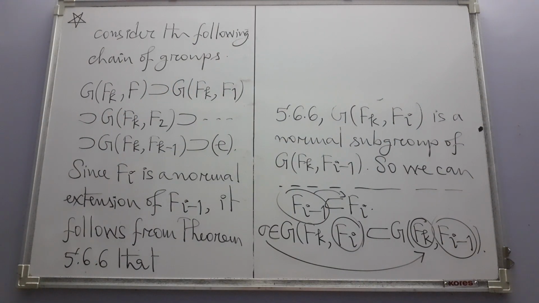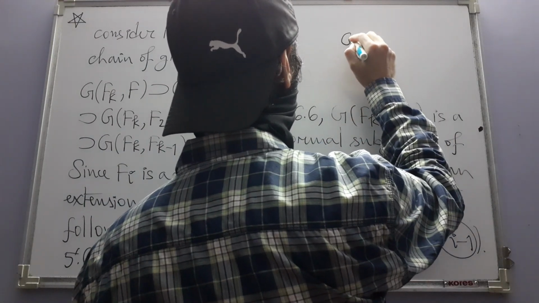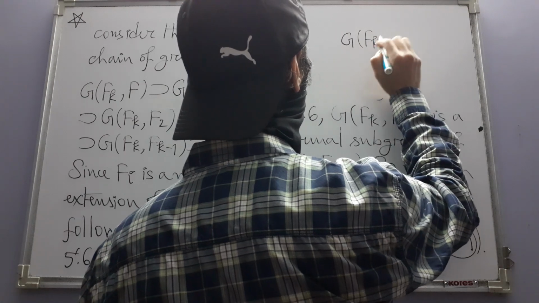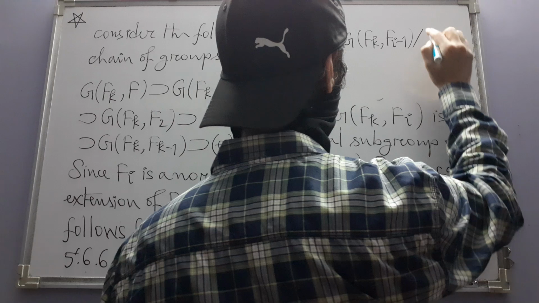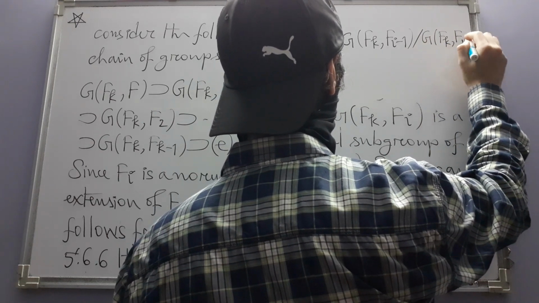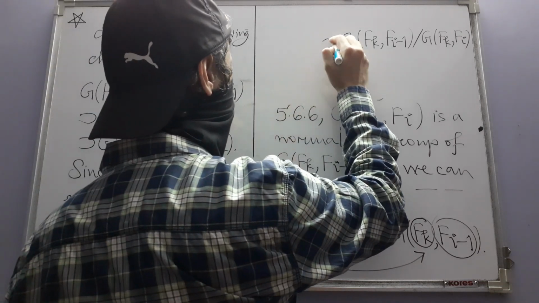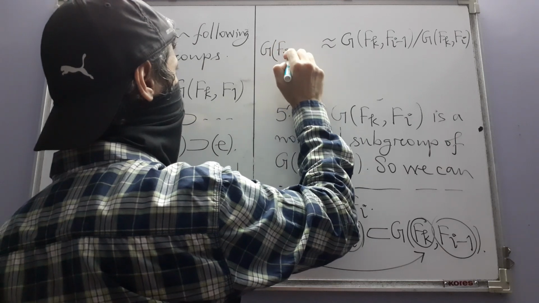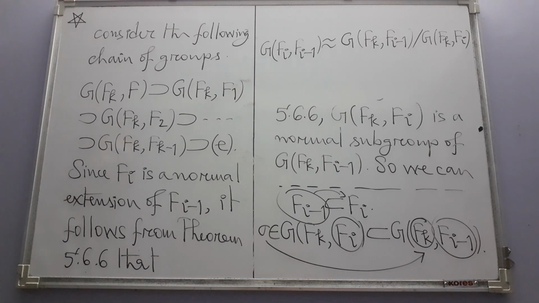That is, this quotient group, Fi minus 1 quotiented by G(Fk, Fi), is isomorphic to this group, Fi over Fi minus 1.